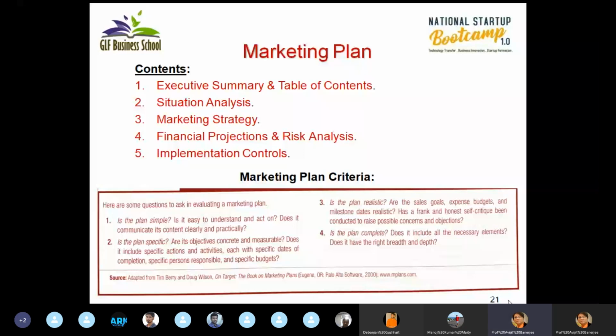Is the plan specific? Are its objectives concrete and measurable? Does it include specific actions and activities, each with specific dates of completion, specific persons responsible, and specific budgets?